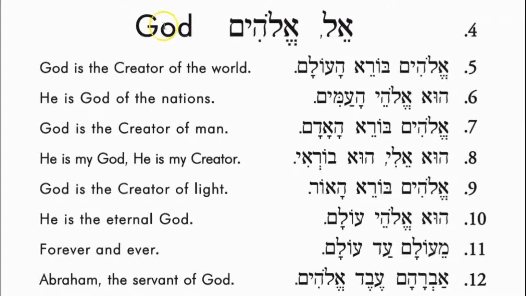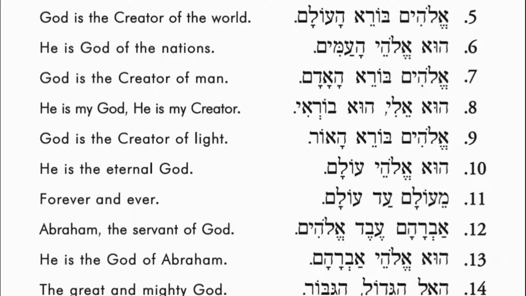Okay, 4, El, Elohim. These are words for God. 5, Elohim Boreh Ha'olam. God creates, or is the creator of, the world. 6, Hu, He, Elohei Ha'amim. He is the God of the nations. 7, Elohim Boreh Ha'adam.